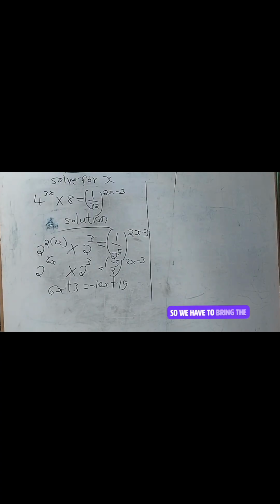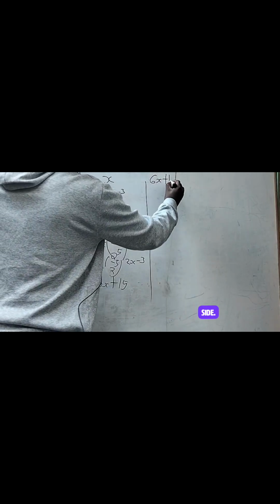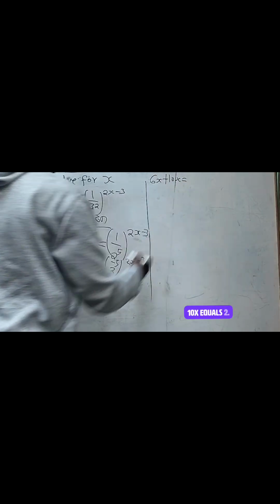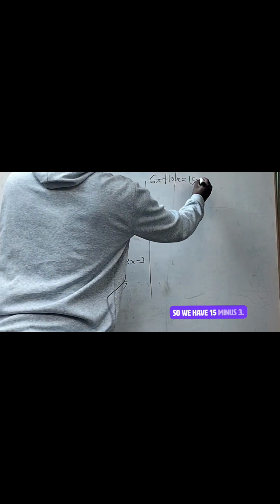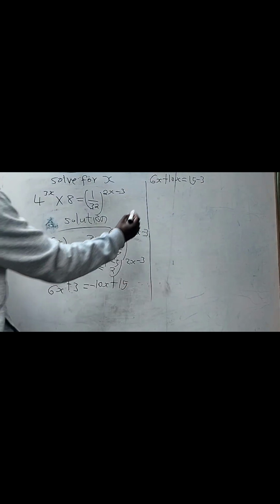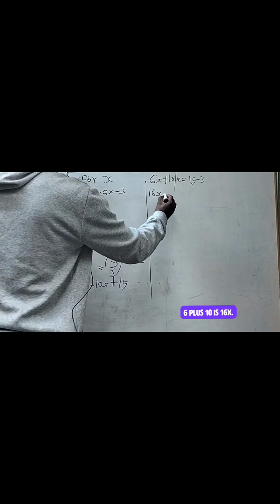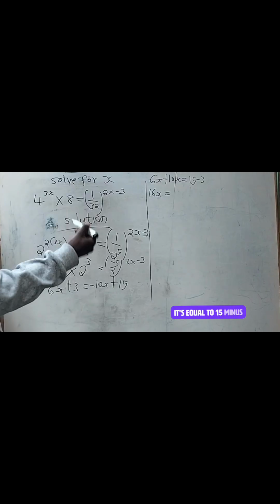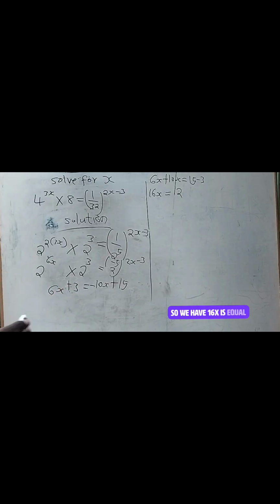So we have to bring the like terms together. We bring 10x to this side, and we take 3 to the other side. So we have 6x plus 10x, that is 16x, is equal to 15 minus 3, that is 12. So we have 16x is equal to 12.